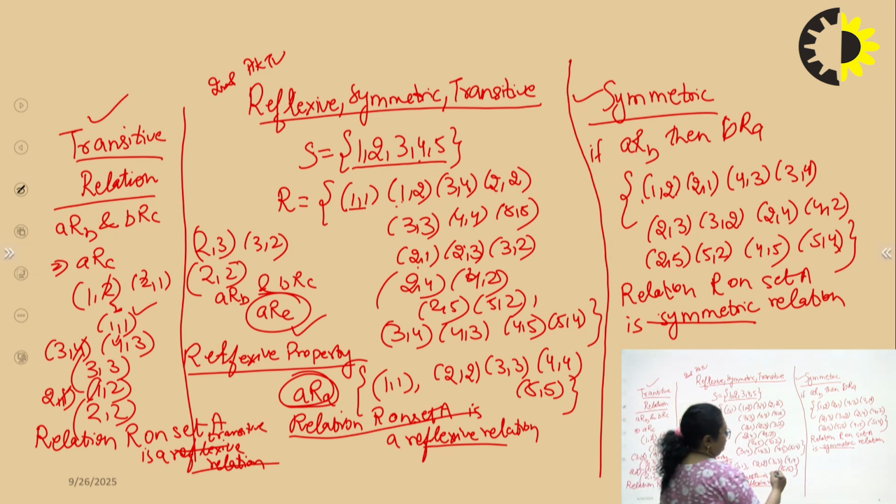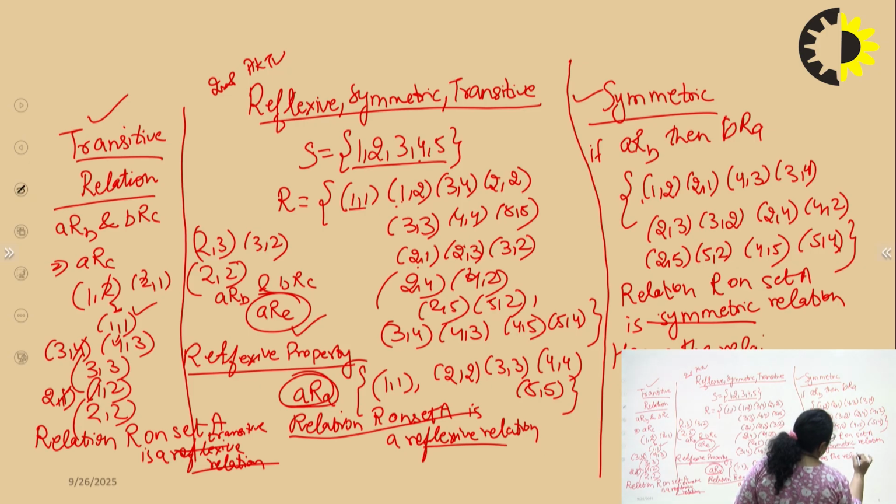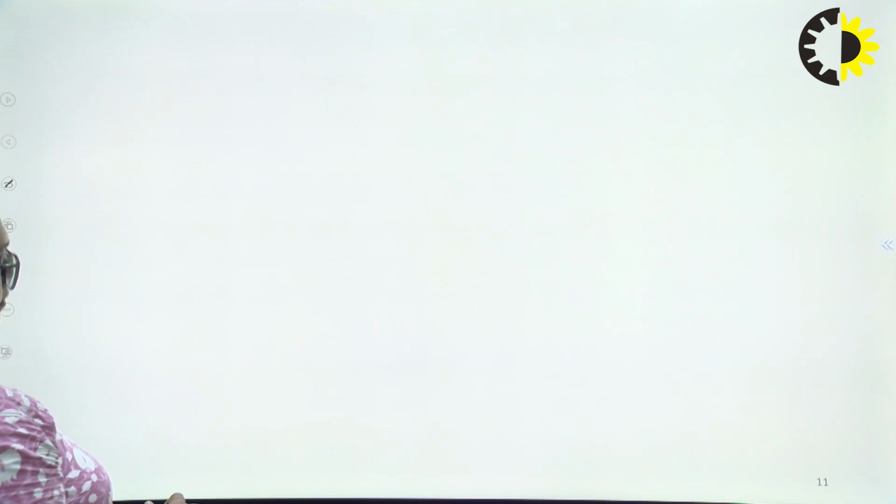So we can say hence the relation R on set A is an equivalence relation. So now we will learn how to calculate the composite relations.